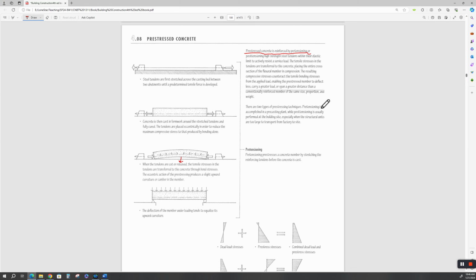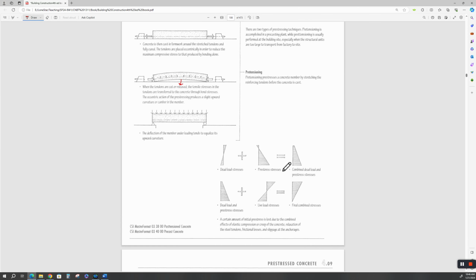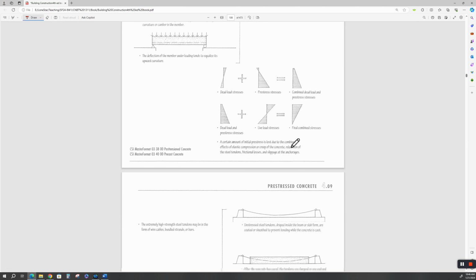I expect y'all to read all this. I'm not going to read this to you. All right. And you can ignore this down here unless you want to be a structural engineer. Okay. But this is how it works. You got your dead load stresses plus your pre-stress stresses equals the combined dead load and pre-stress stresses.